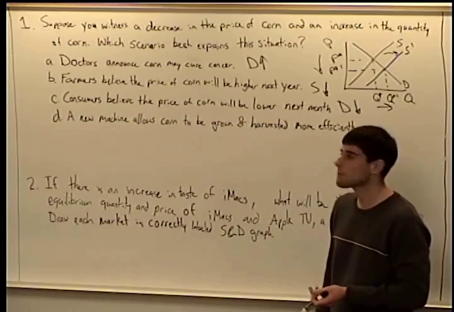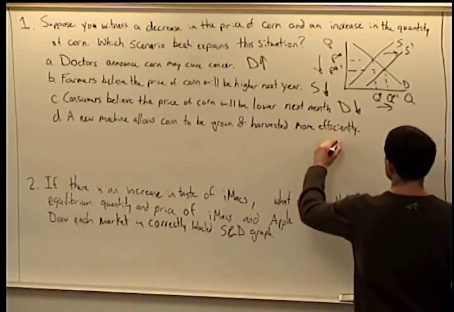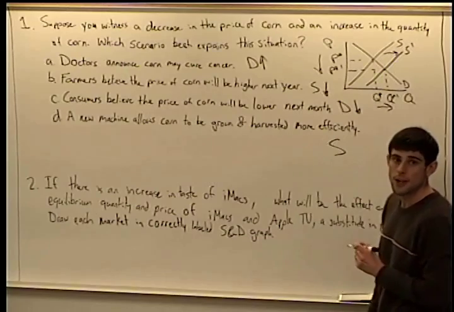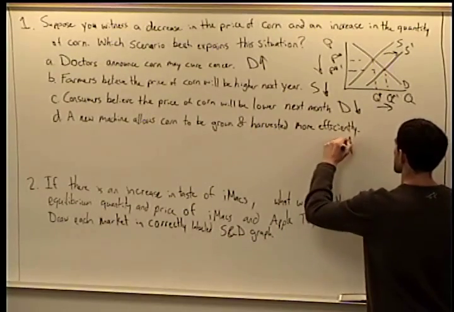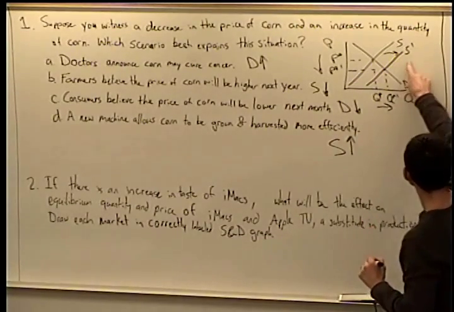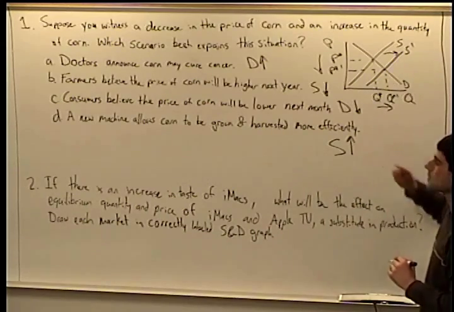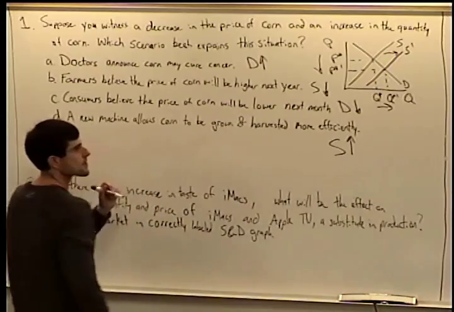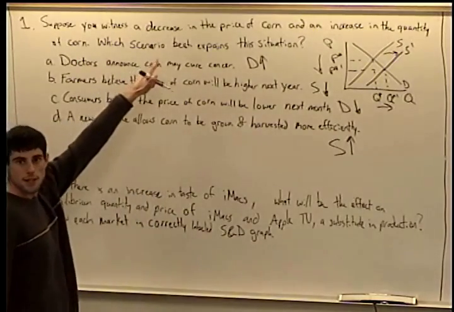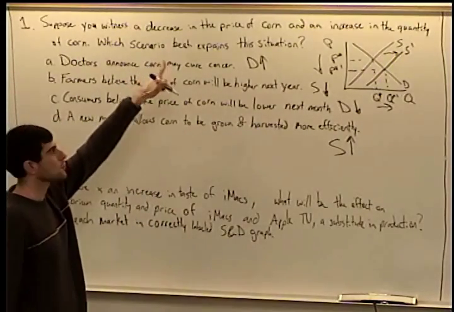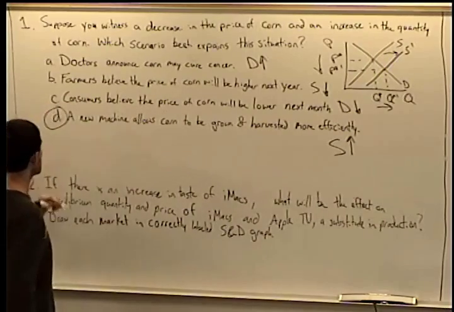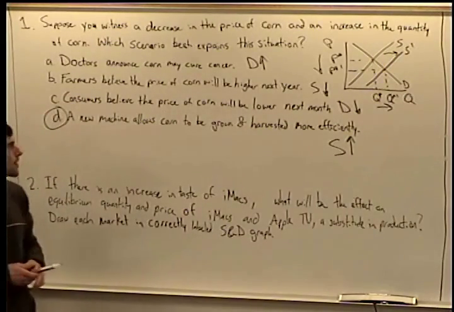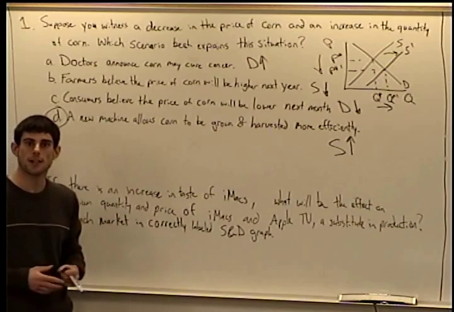So we're talking about the supply of corn, and with better technology, supply is going to increase. Supply increases only in part D. So the best scenario that explains what we see happening to the equilibrium price and quantity of corn is D, a new machine allows corn to be grown and harvested more efficiently, or an increase in technology.